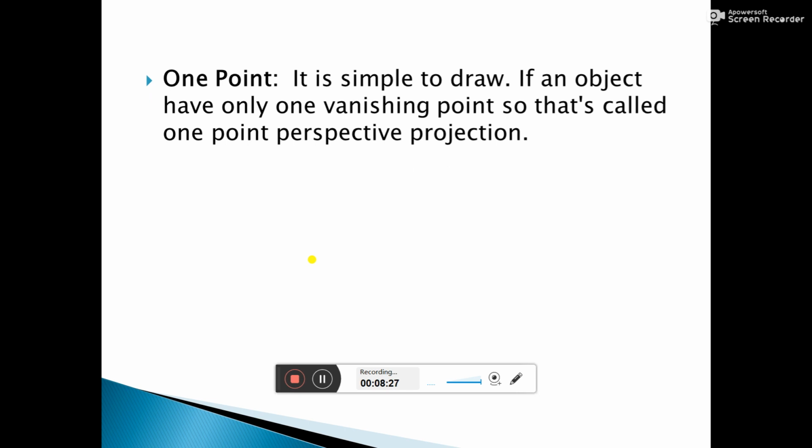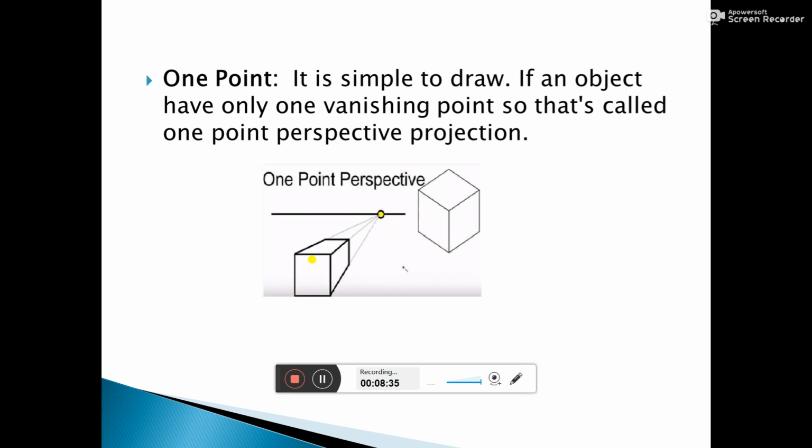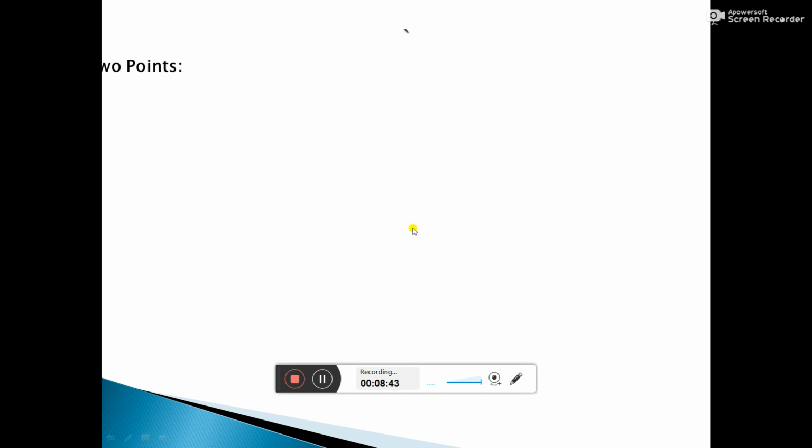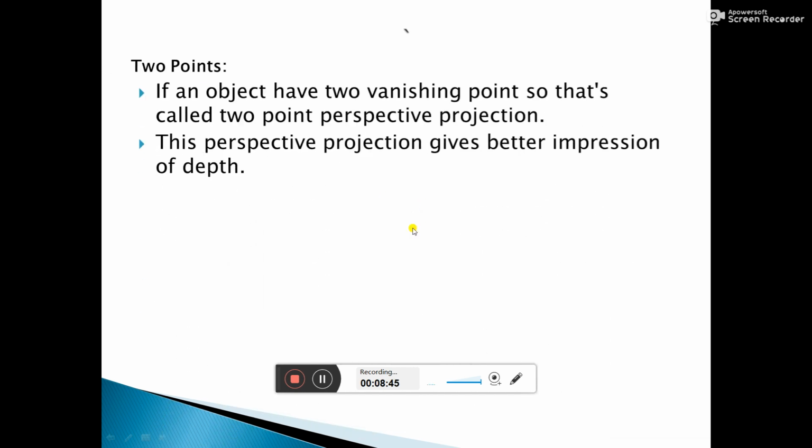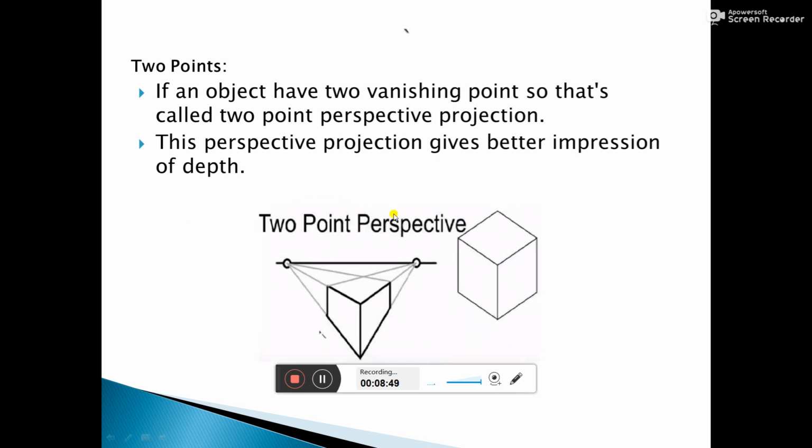1 point. It is simple to draw if an object has only one vanishing point, so that is called 1 point perspective projection. See this diagram. It contains only one vanishing point. Next one is 2 point. If an object has two vanishing points, that is called 2 point perspective projection.